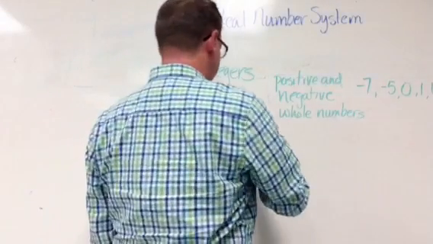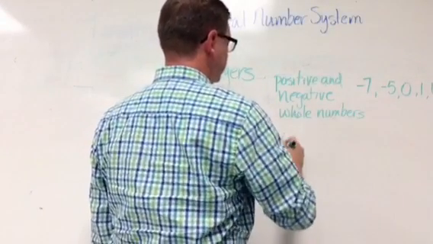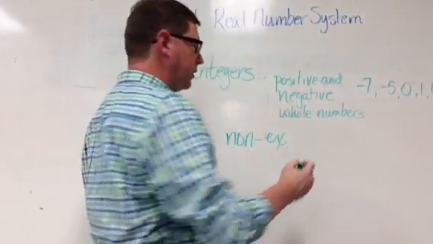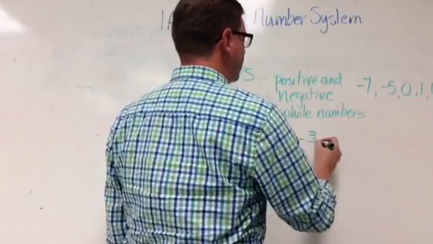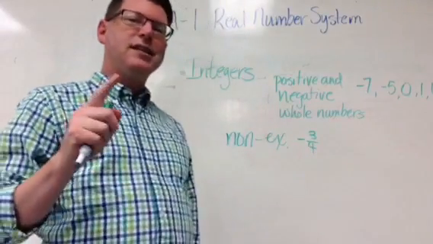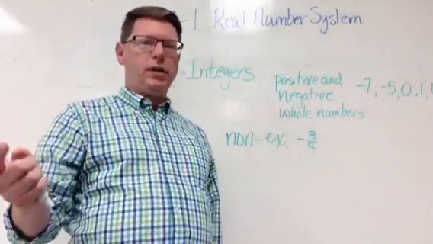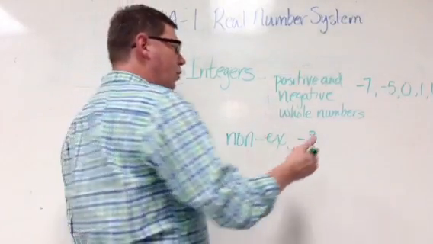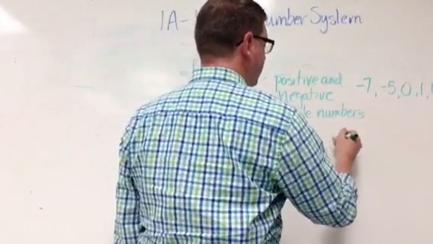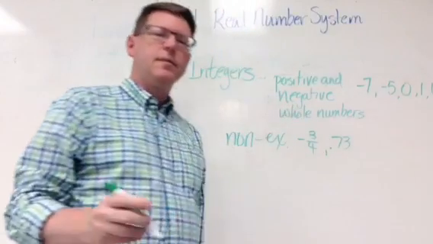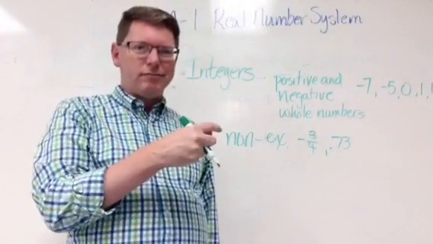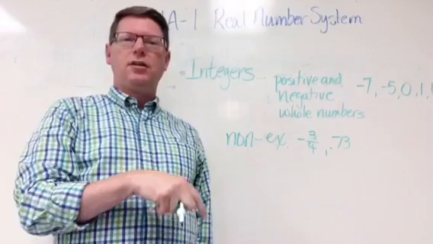Now, non-examples, I'll put that down here, would be something like -3/4. Even though it's negative, it's not a negative whole number. So it can't be an integer. Okay? Or 0.73. We've used that one a lot. That's a decimal. It's not a whole number, so it can't be an integer.